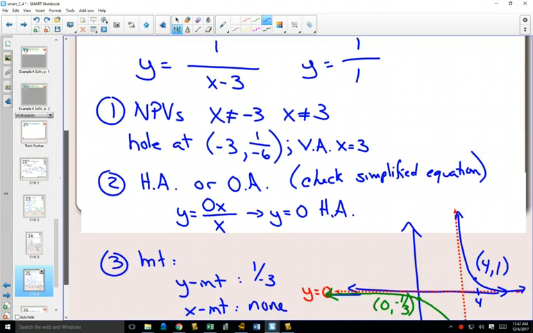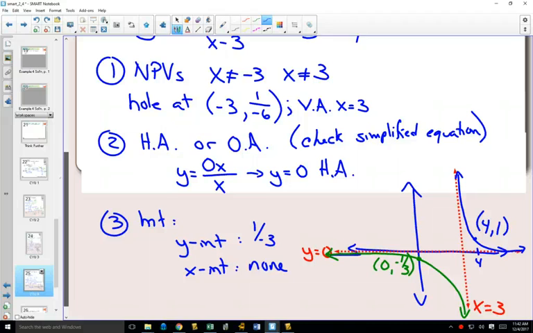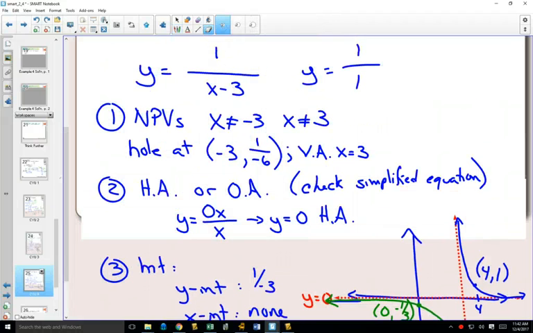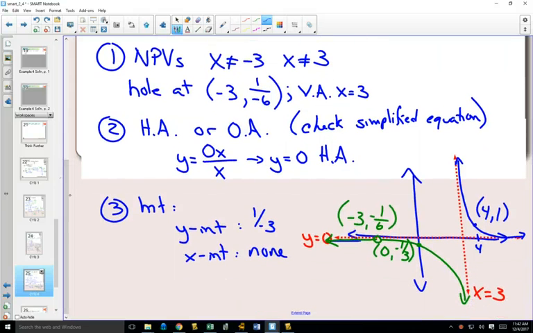And the last thing we have to make sure we haven't done yet is we haven't graphed our hole. There's our hole. At -3, -1 over 6. So you might have to take out your eraser to erase a spot where you're going to put your hole like I had to do. Or maybe you'll remember to put your hole in before you graph everything.